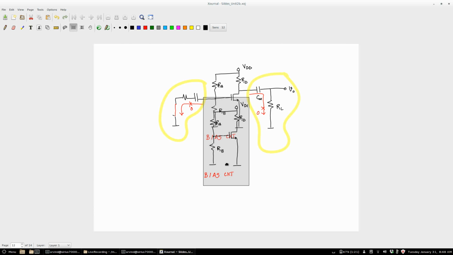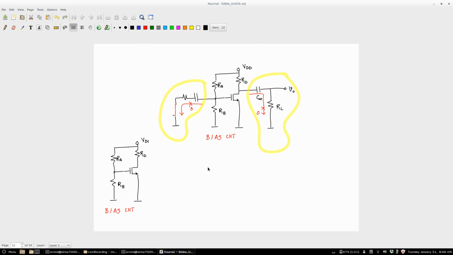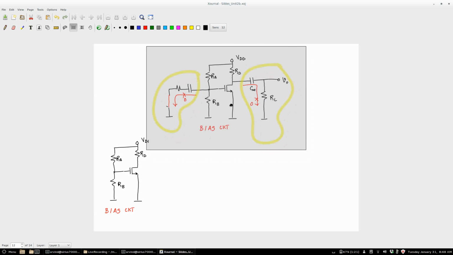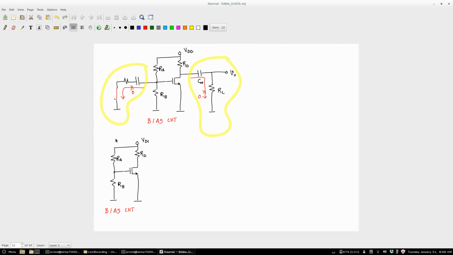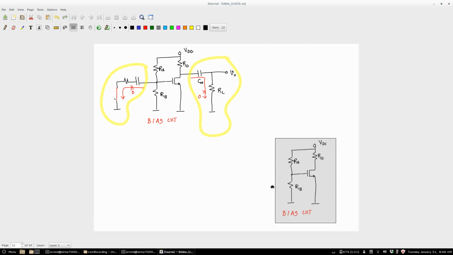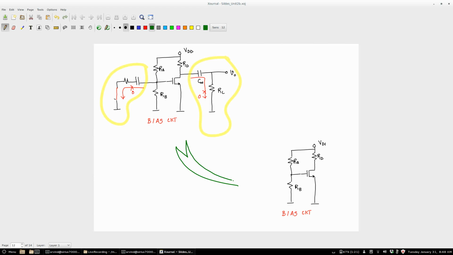So because these things have 0 current flowing through them, you can effectively forget about the branches, right? You can remove those two branches. And so what will you have left? You will have only that.